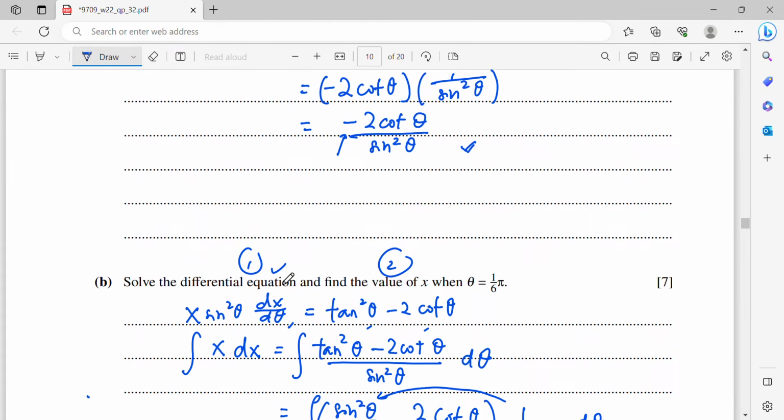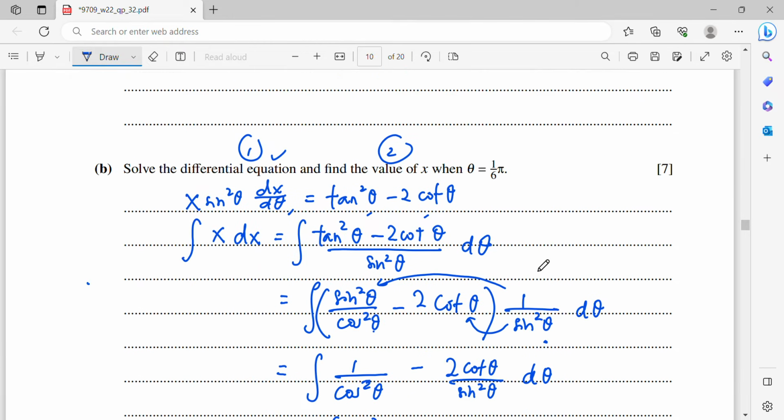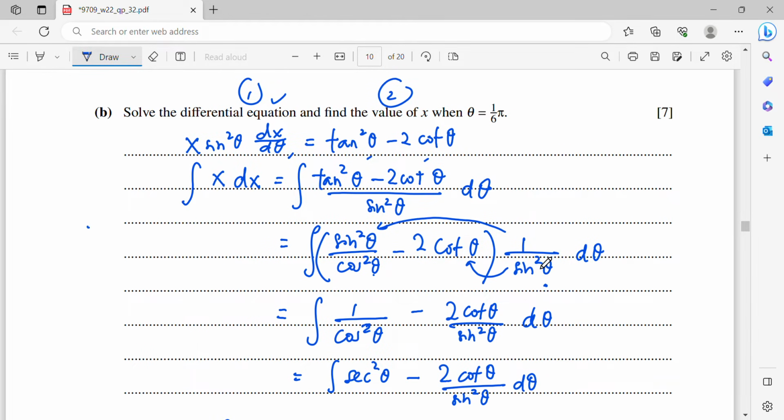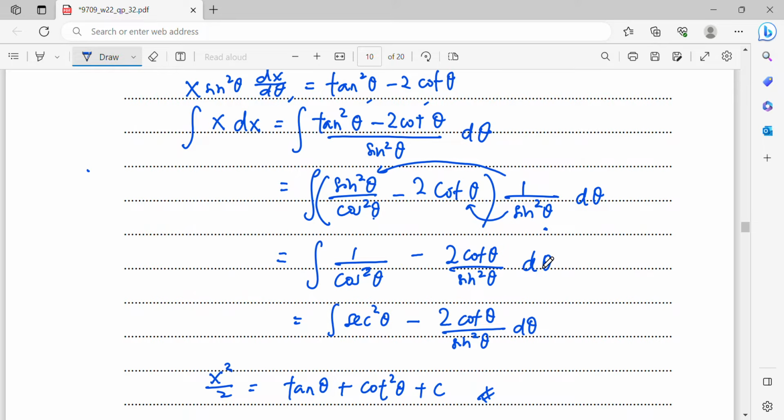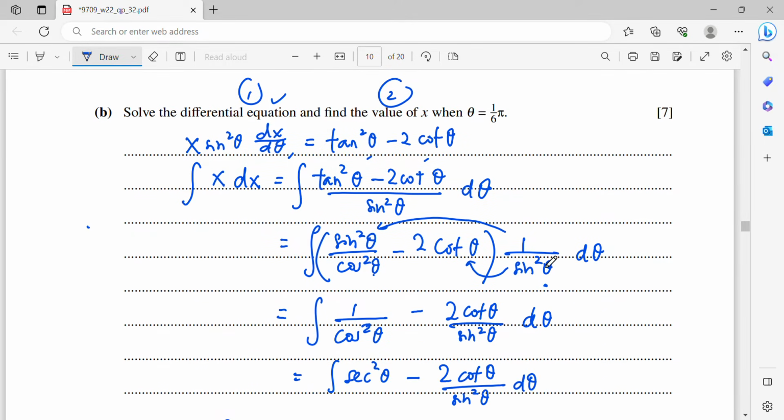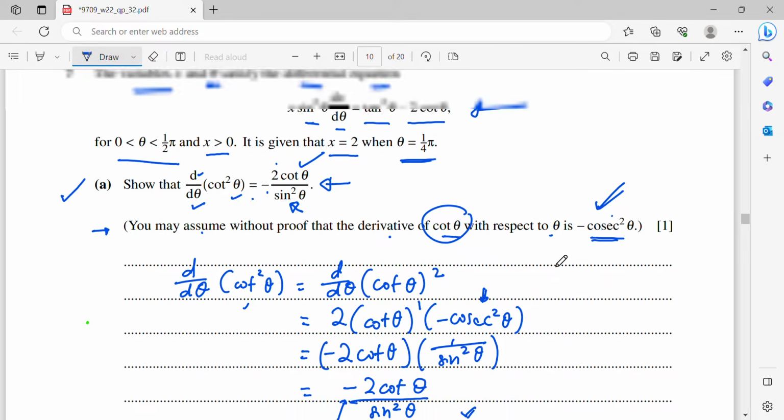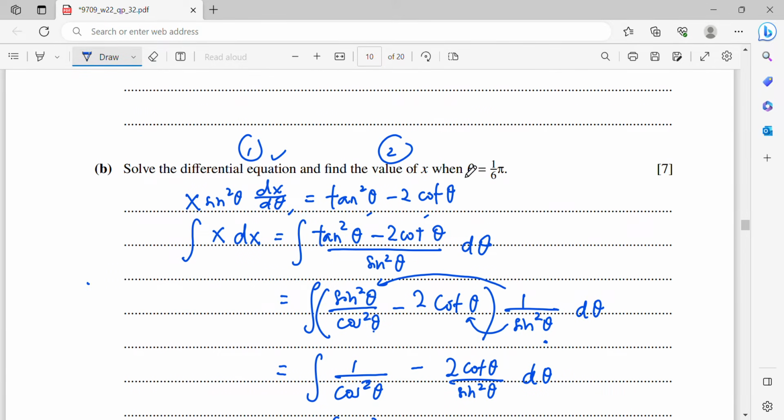Solve the differential equation, so that is done, and find the value of x when theta equals pi over 6. So when theta equals pi over 6, let me check. Okay, now you have to be careful with this. Find the value of x when theta equals pi over 6.